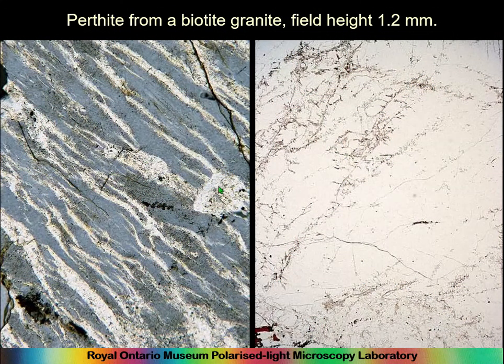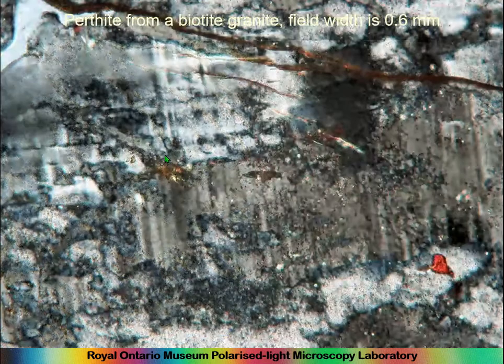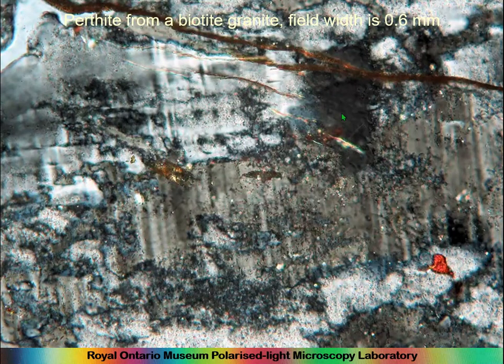This, however, is an intergrowth of a potassic feldspar and plagioclase. It's called perthite, named after Perth. Here you can see it in higher magnification. You can see this has slightly fuzzy lamellar twinning.